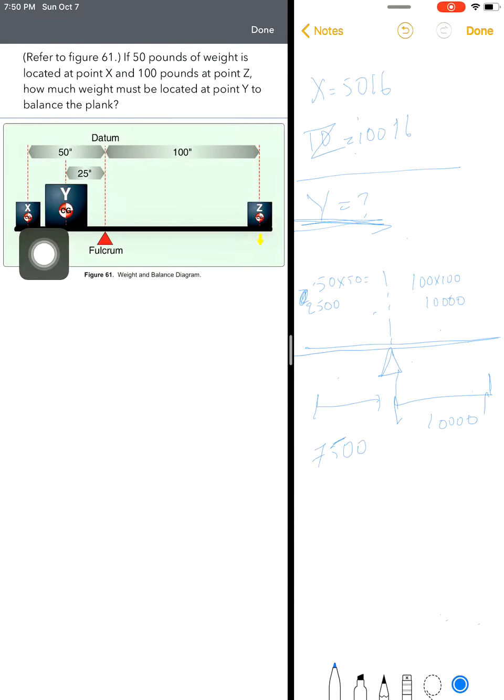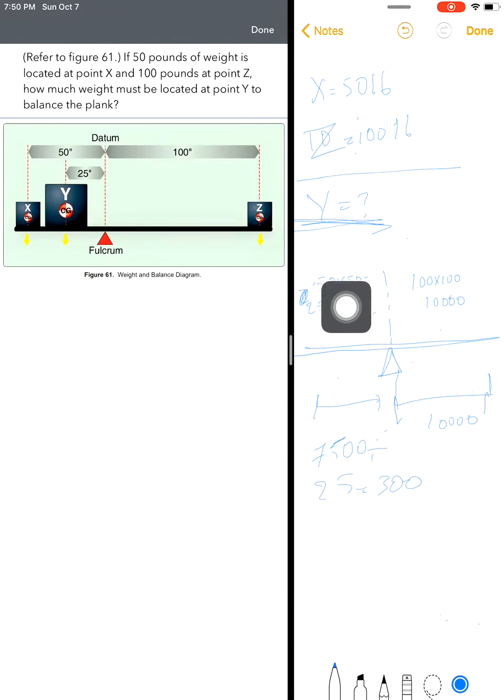So we are short 7,500 pound-inches on this side, and we need to divide the 7,500 by 25, the distance, to see how much weight we get. 7,500 divided by 25 equals 300 pounds.